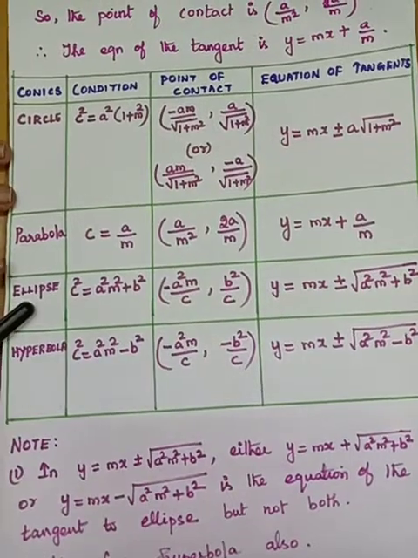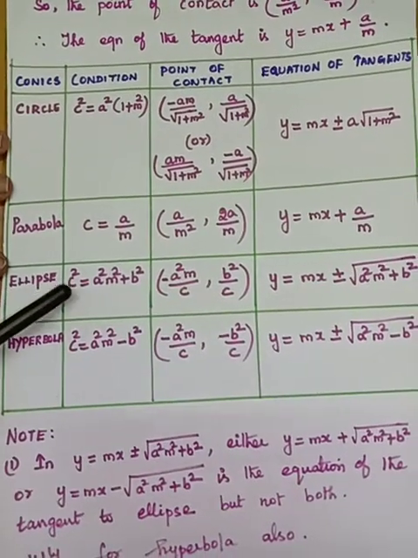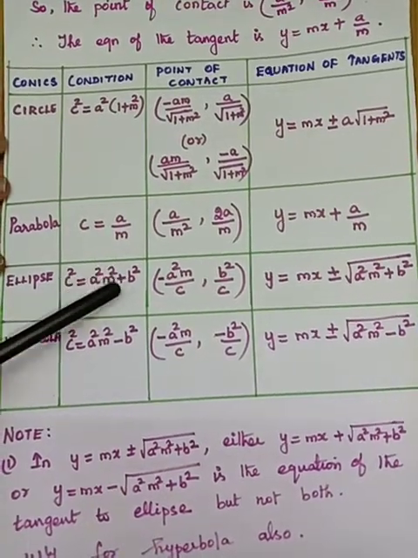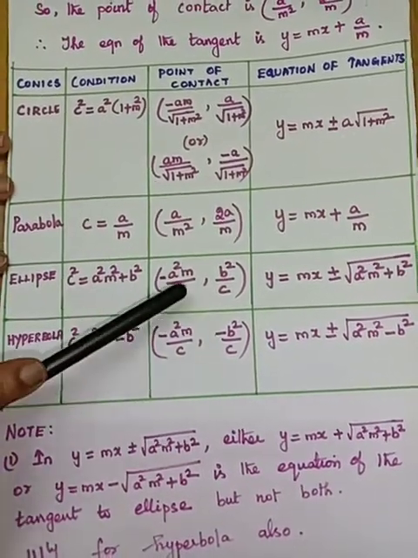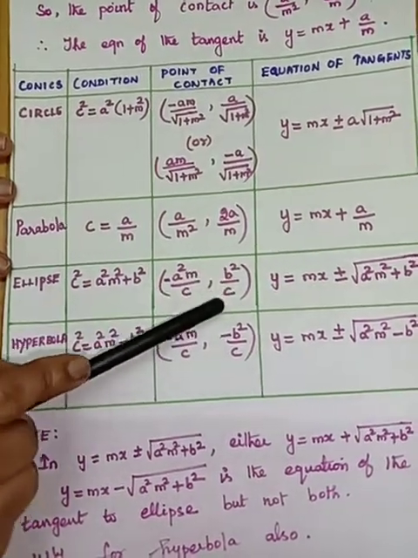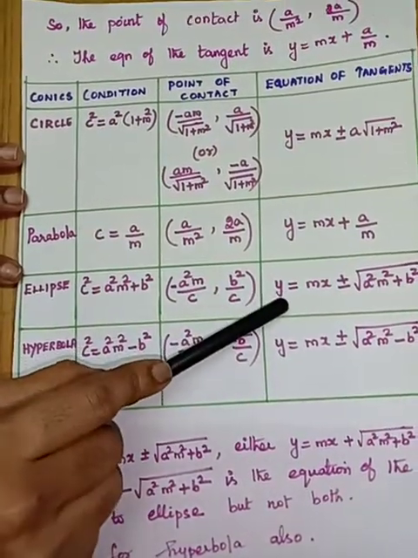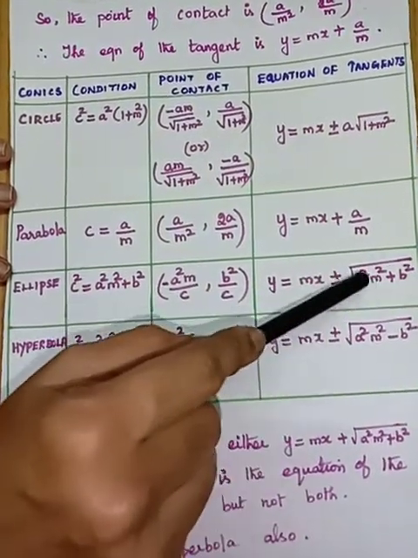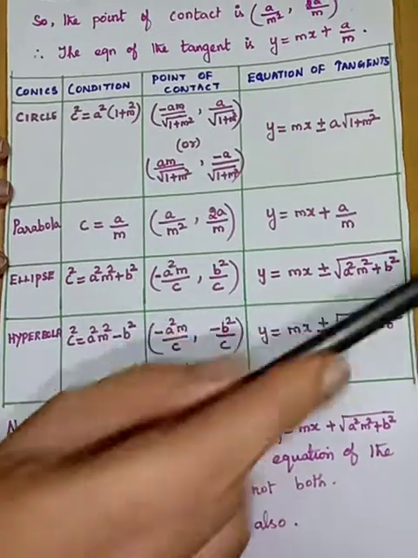Next, in the same way for ellipse, the condition is c squared is equal to a squared m squared plus b squared. The point of contact is minus a squared m by c comma b squared by c. The equation of the tangent is y is equal to mx plus or minus square root of a squared m squared plus b squared.